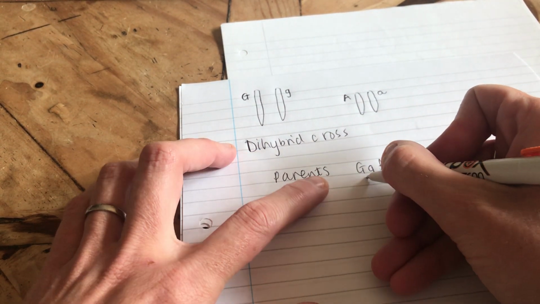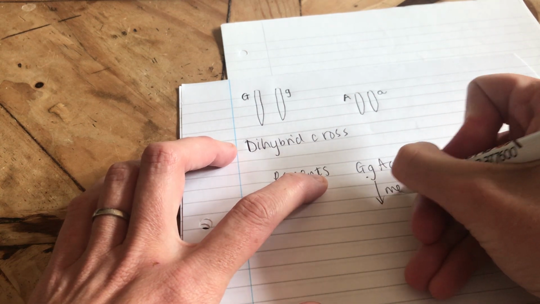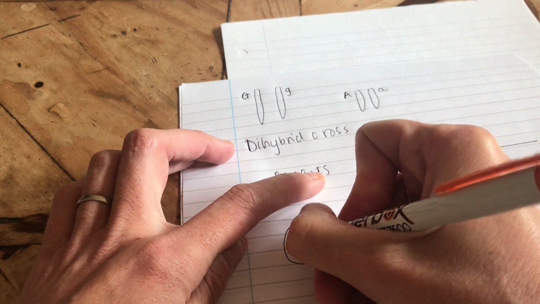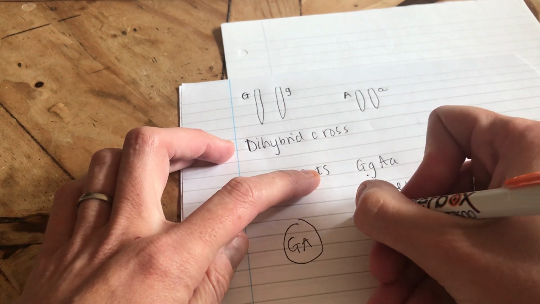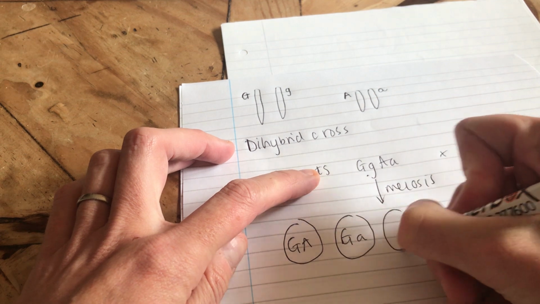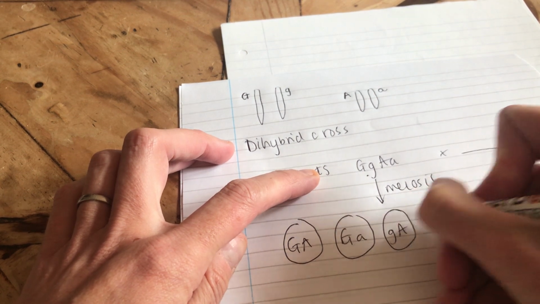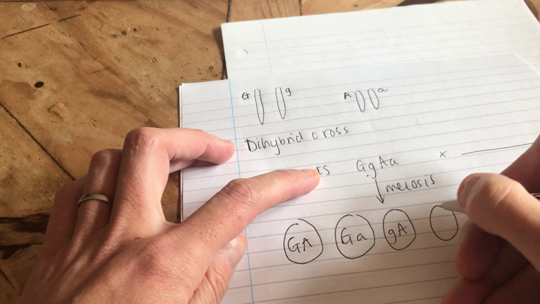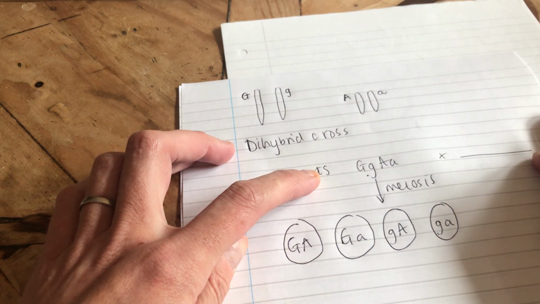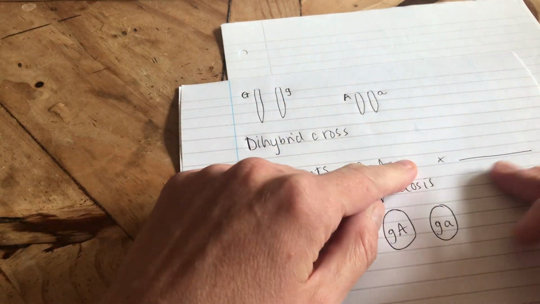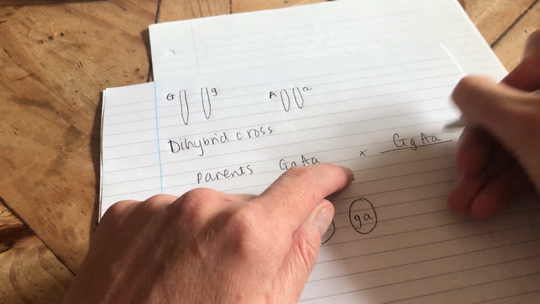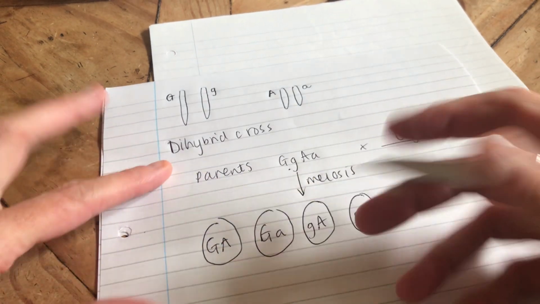And when these came to make gametes during meiosis, you could have a gamete with big G, big A, or big G, little a, or little g, big A, or little g, little a. So you had four different types of gamete combination, didn't you? If this parent, let's say, was exactly the same genotype, they would make exactly the same gametes, wouldn't they?